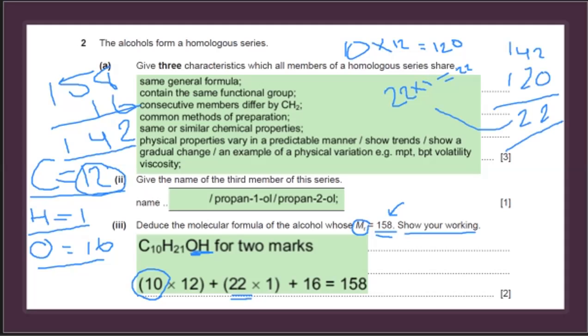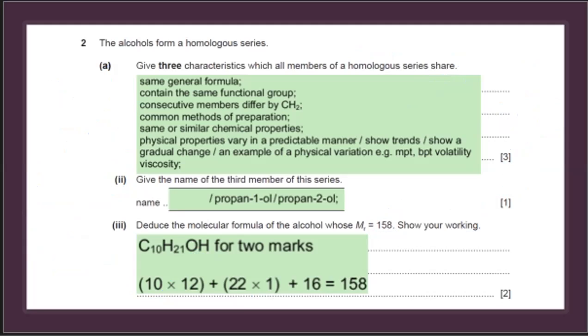Hence, the number of hydrogens would be 22. And I know it's only 1 oxygen I will have. So I have C10, H22, and an oxygen, right? But we normally don't write it like this. We would write C10H21 and put the H next to the oxygen there, so we end up with the formula C10H21OH.